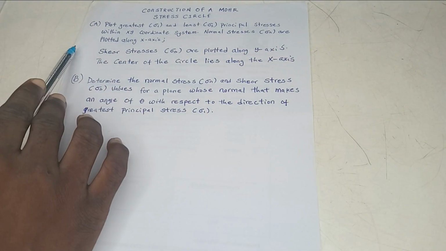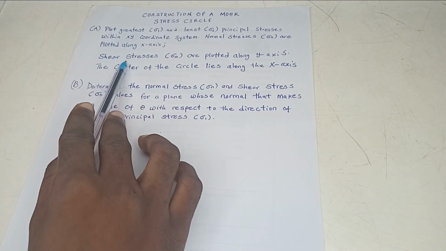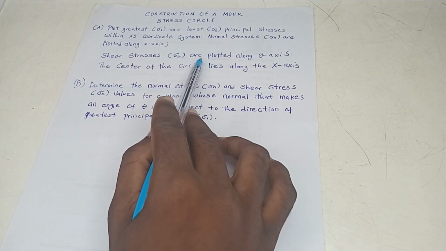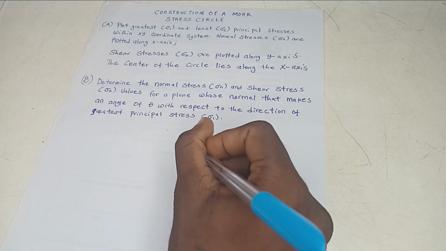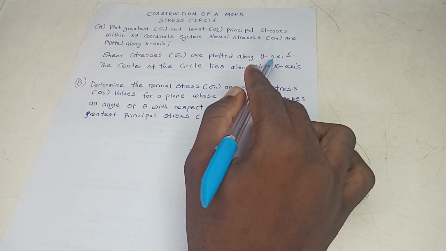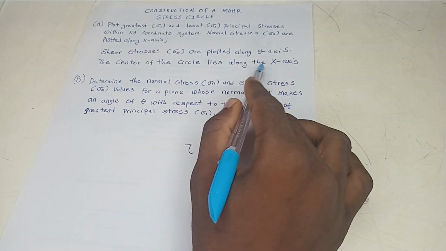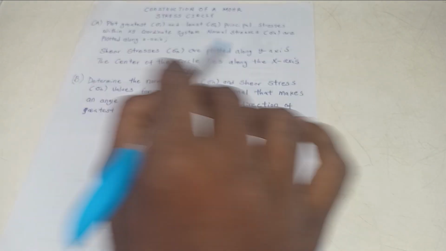And they are to be plotted along the what? X-axis. The shear stress, sigma S, is plotted along the Y-axis. Some people call it torque. Okay? The center of the circle should lie along the what? The X-axis.